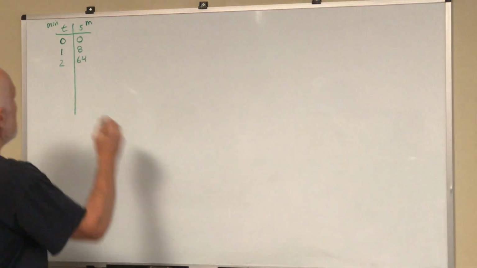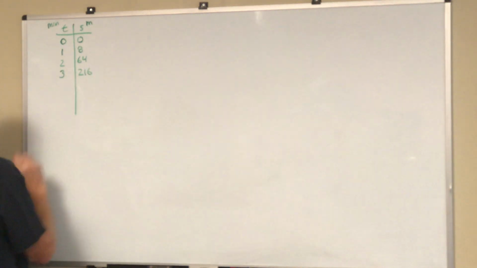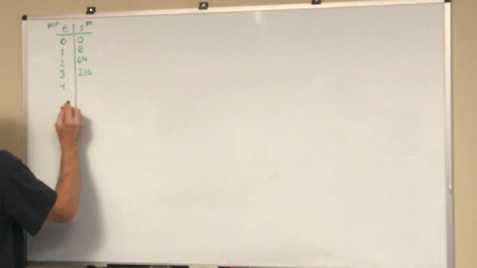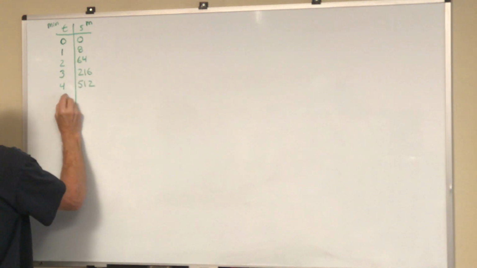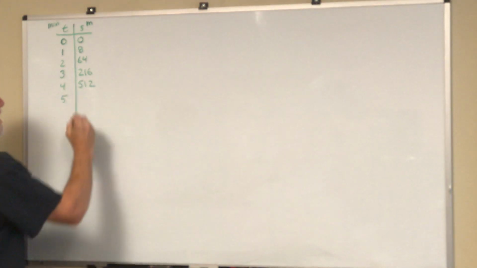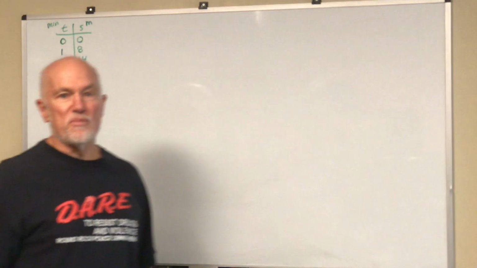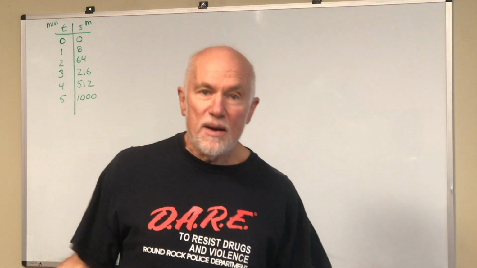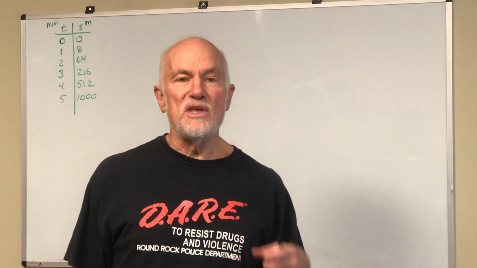And at the 3 minute mark, we were at 216 meters, and at the 4 minute, we were at 512 meters, and at 5 minutes, it turned out that we were exactly 1,000 meters from the beginning, 1 kilometer. And we're thinking, ooh, this must be a sign of something good.